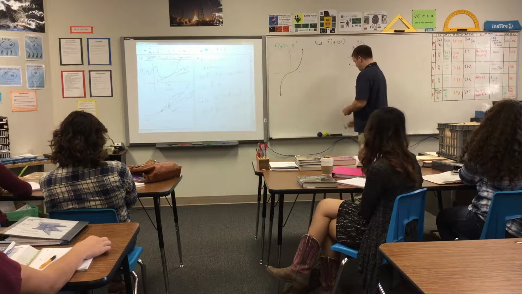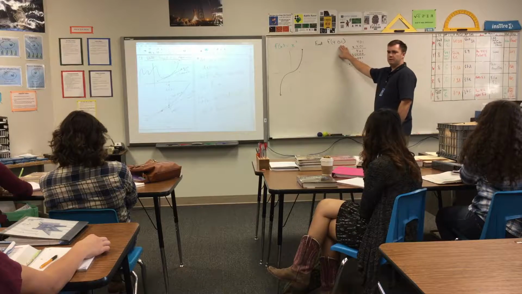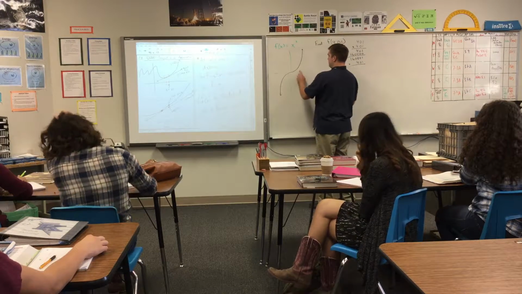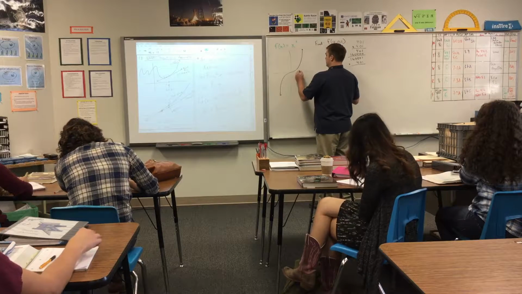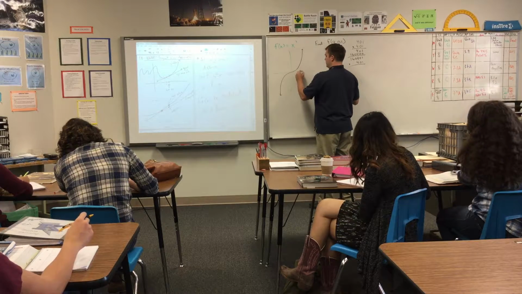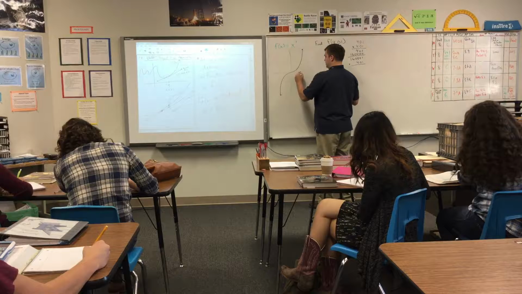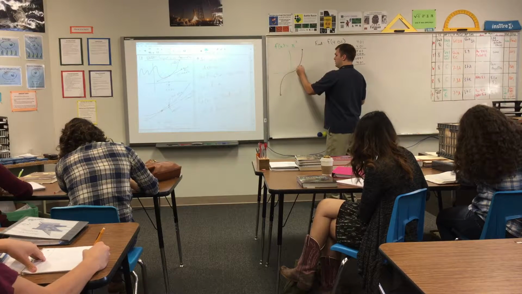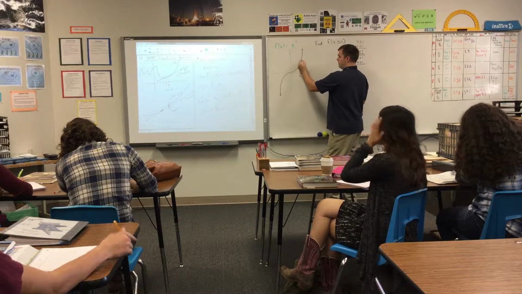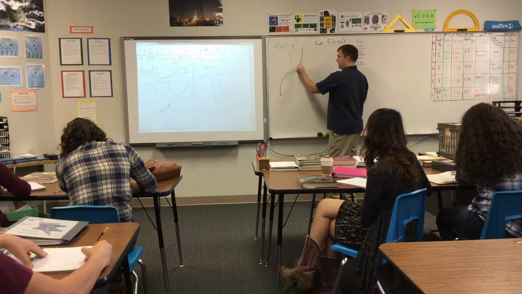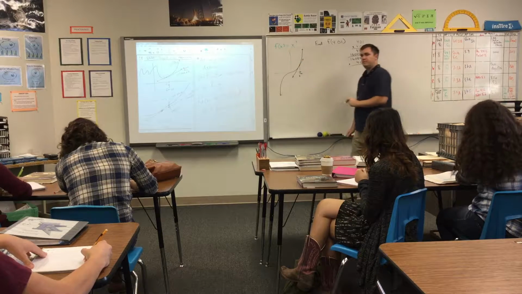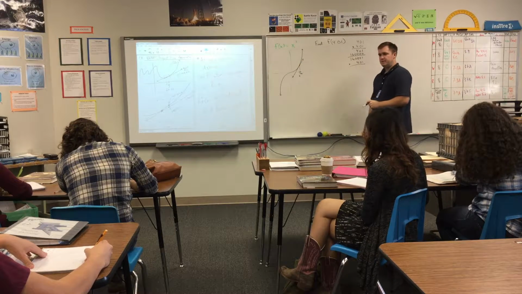So what number is really close to 4.01? 4. So here's 4.01. That's really, really close to 4. So what we're going to do is have a tangent line approximation with 4 as our c value.